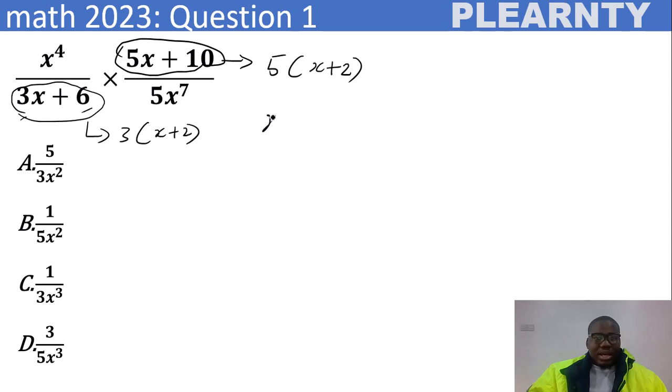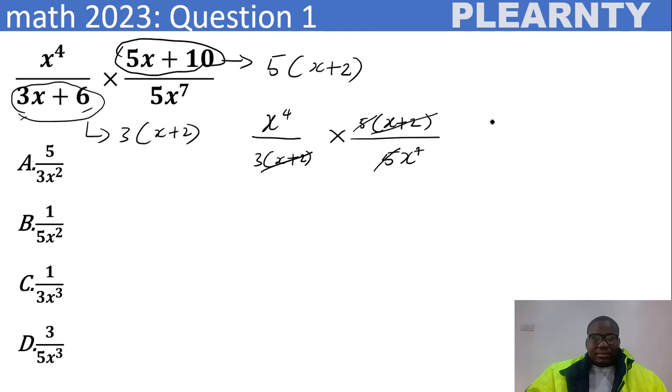It's going to be x raised to power 4 over 3x plus 2, close bracket, then times 5x plus 2 over 5x raised to power 7. So x plus 2 can cancel out x plus 2 and 5 can cancel out 5.